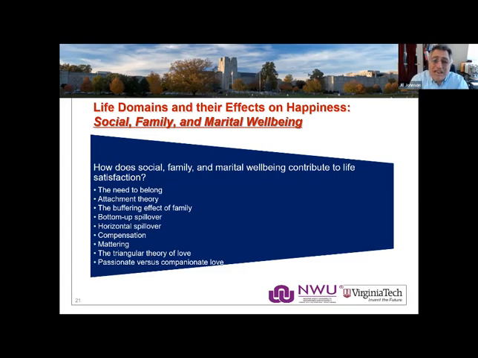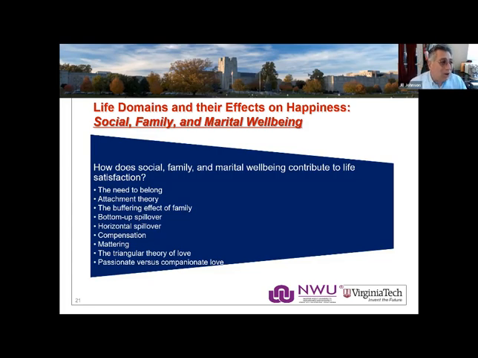Now, let's try and explain how social well-being, marital well-being, and family well-being impact life satisfaction or subjective well-being. And there are so many theories, as you can see from the slide.